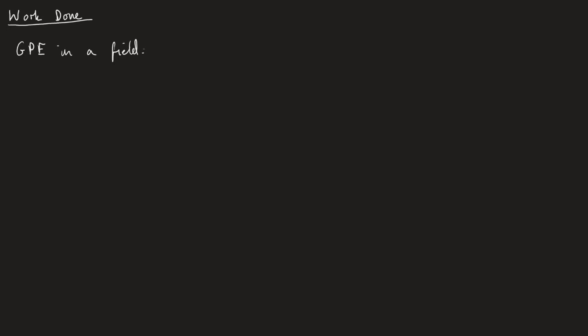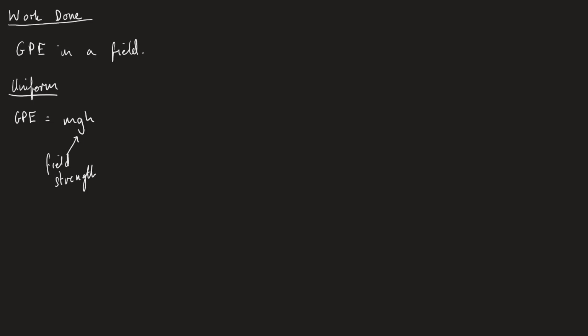Because if we look at a uniform example of this, we've always known the equation that the gravitational potential energy is just m times g times h, where m is the mass of the object, g we used to call the gravitational acceleration, now we're going to call it the gravitational field strength, and h is just the distance from the ground that it is, so the distance from your starting point.